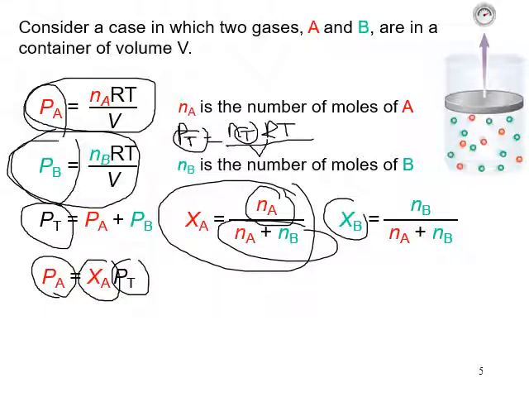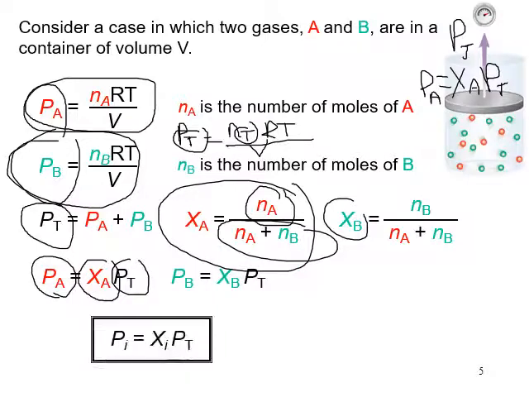Let's go up to our figure. There's a P total here, and a certain amount of pressure is contributed to that P total from the red ones and a certain amount from the green ones, and that is dictated by the mole fraction. So the pressure of A, which is red, is the fraction of A in there, as defined by the mole fraction, times the total pressure. And P of B, same way.